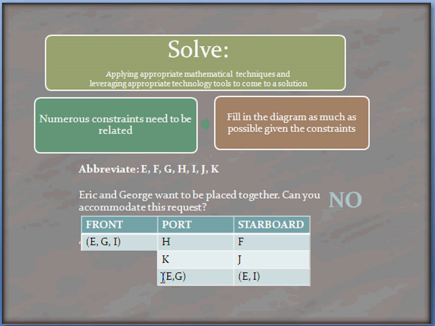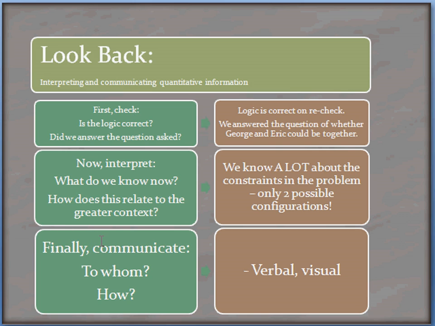Similarly, if we know that George is in the front of the boat, we know that Eric must be on the port side. And since Eric is on the port side, then Ian must be on the starboard side. Finally, if Ian is in the front of the boat, we know that Eric must be on the starboard side, and thus George must be on the port side. The same would be true if we determined who is in the port or the starboard side. In fact, there are only three possible configurations.